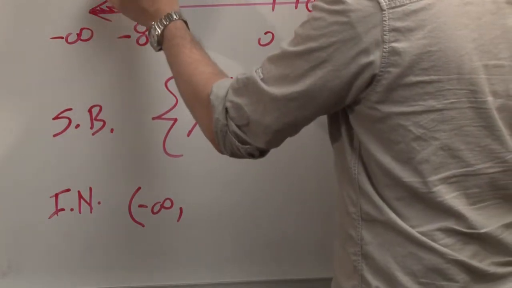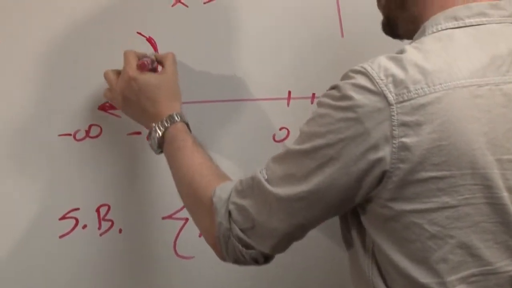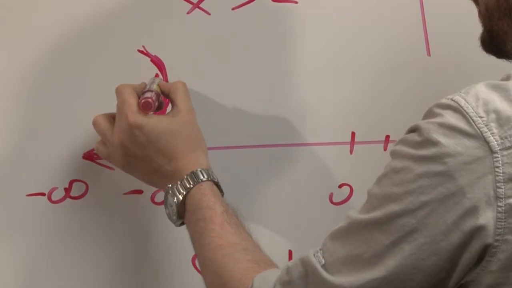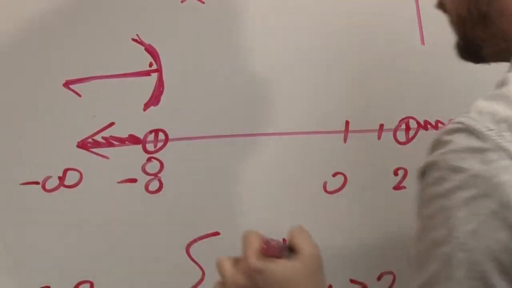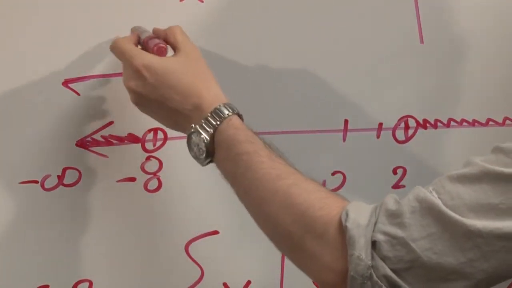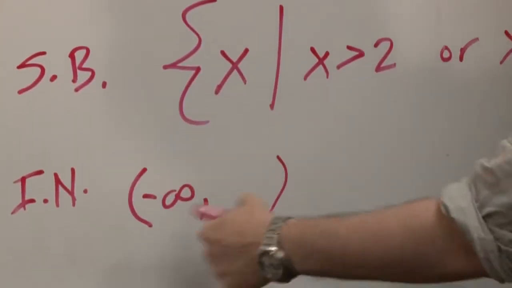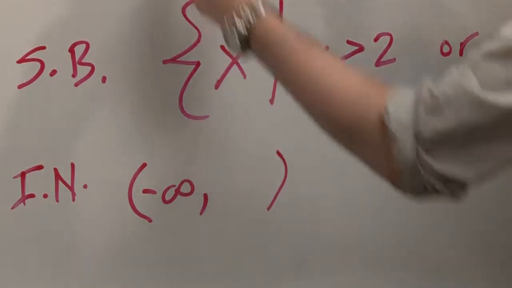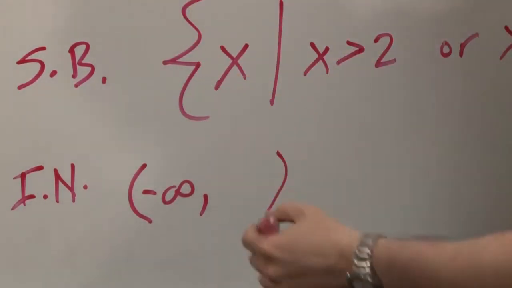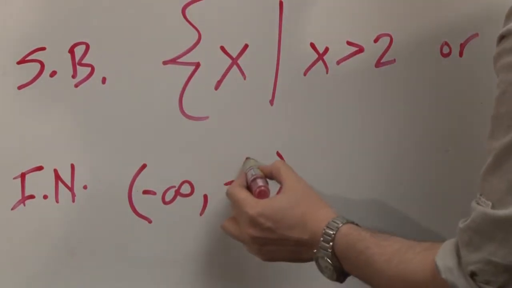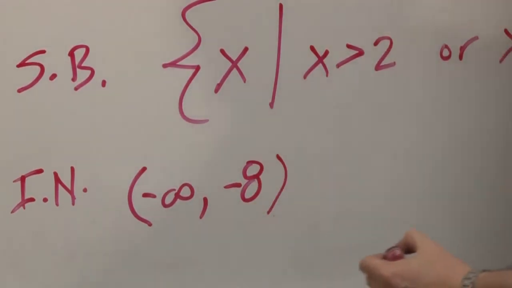You also see notation like this, where we've got a parenthesis around 8, and then all the things that are to the left of it. So this notation is also helpful because you know what symbol to use for your interval notation, but I always got in the habit of writing a circle around it. So this interval goes from negative infinity to negative 8.